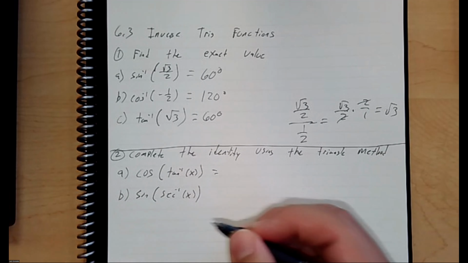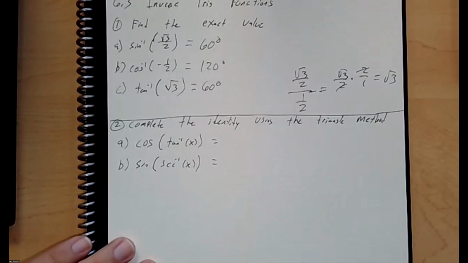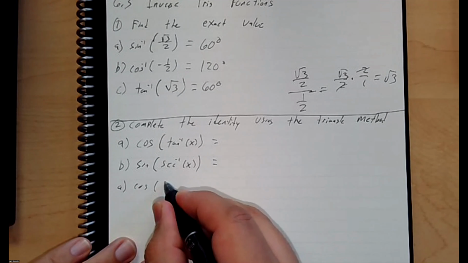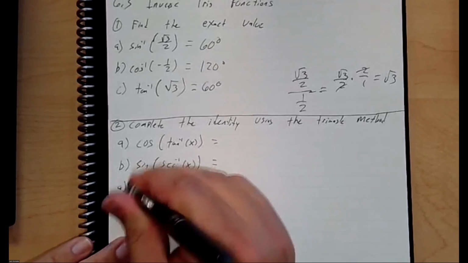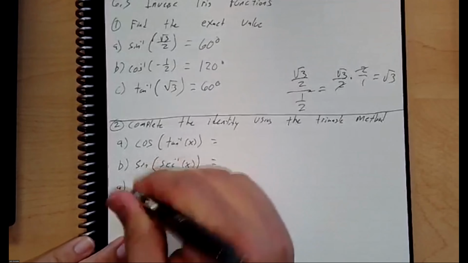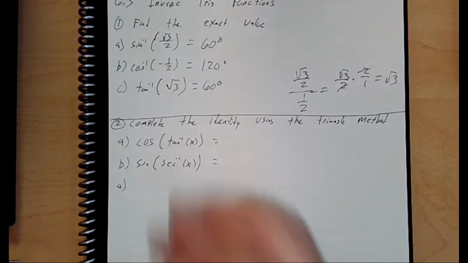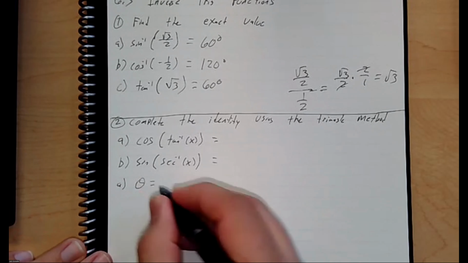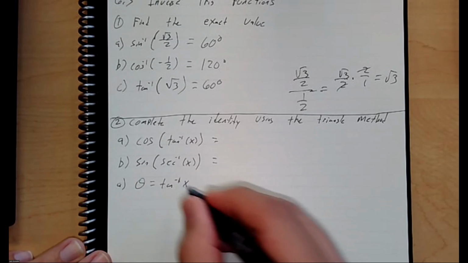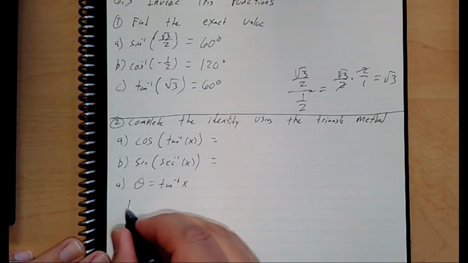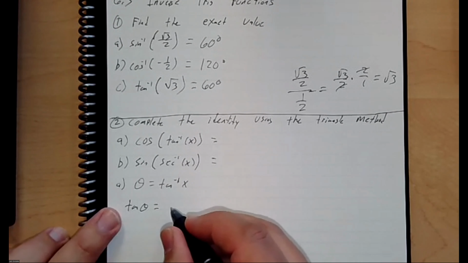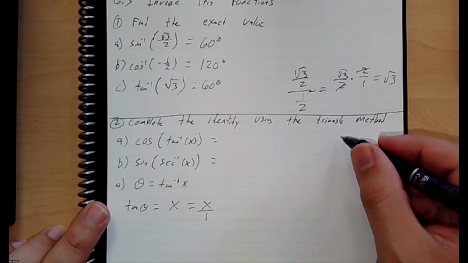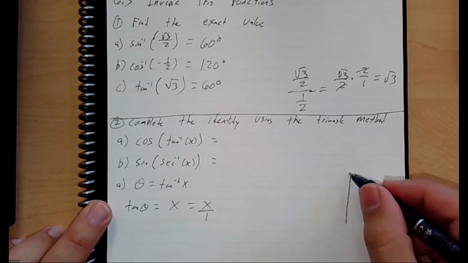We did a few of these in our examples. Let's do part A right here. Remember I told you, let theta equal the inside part. Use your definition and then build the triangle. So let theta equal the inside. Using your definition, that's the same as saying tangent theta is equal to some x. That x is the same as x over 1. Build your triangle for this.